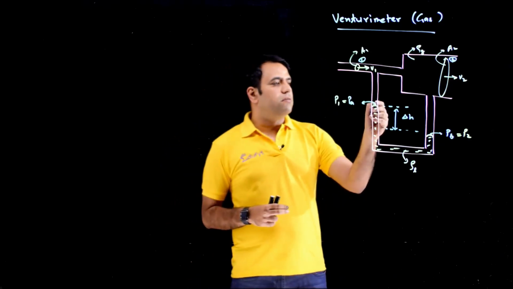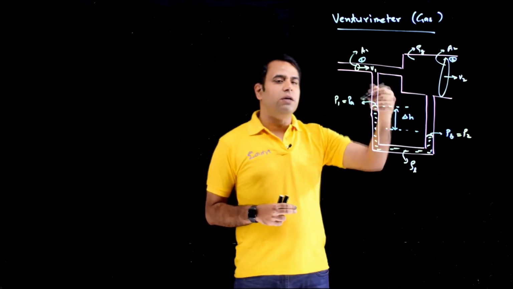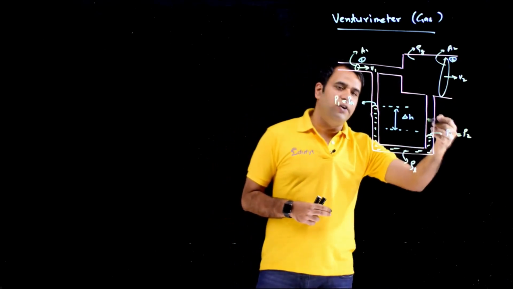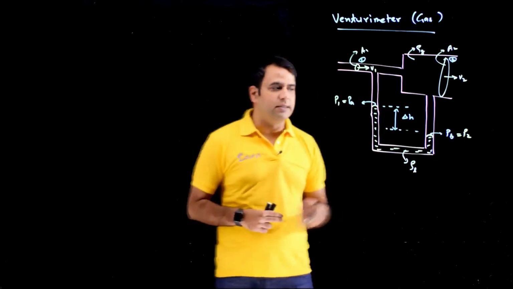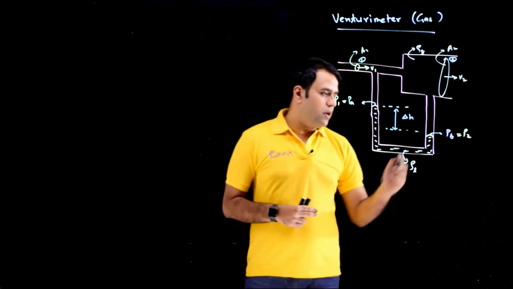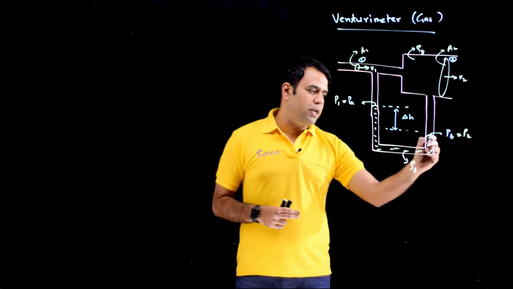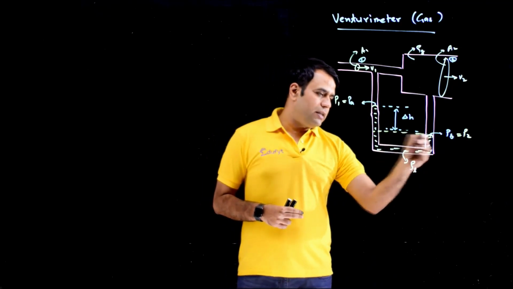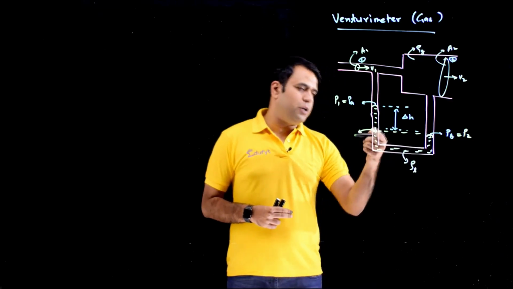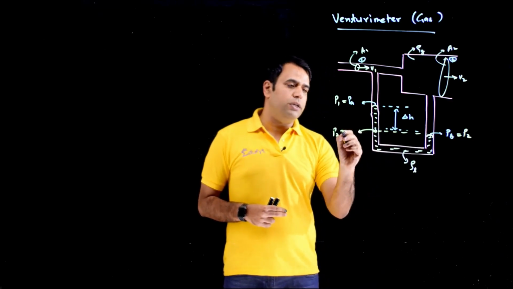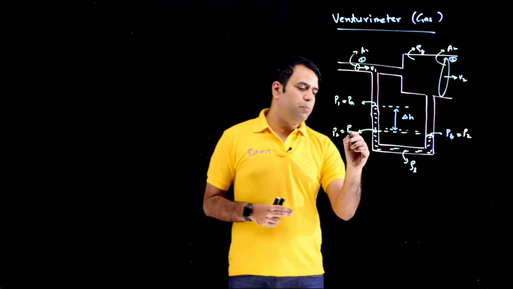So during that fall, we can assume the pressure remains the same since it is a gas, but we cannot do that for the liquid. This liquid is the same throughout, so the pressure here and the pressure at the same level here will be the same. So at this point, the pressure will be the same, P2 equals PB.